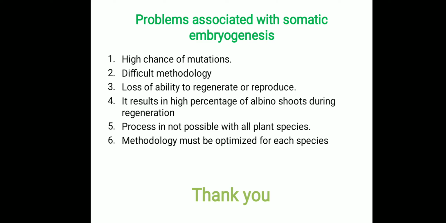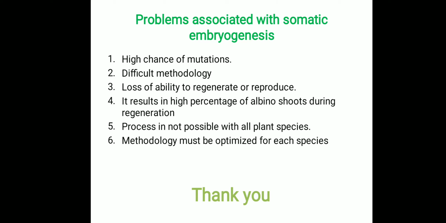Next we will see some of the problems associated with somatic embryogenesis. Generally it has 6 major problems. One is a high chance of mutations. Two, the method is a little difficult and needs more skill and experience. Third is loss of ability to regenerate or reproduce in several cases.